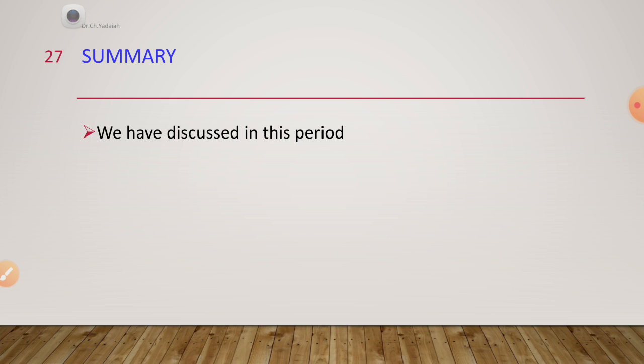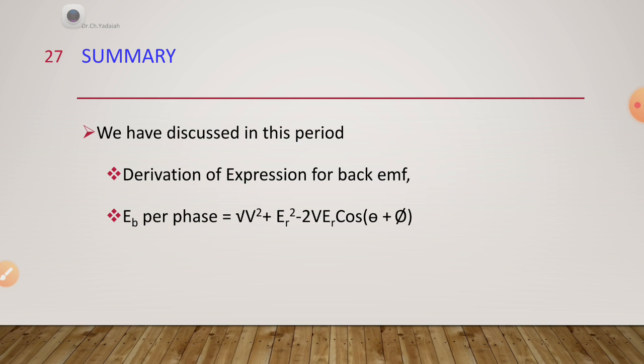From that, we subtract some friction and windage losses, some excitation losses, some iron losses. Then we get the net mechanical output developed in the rotor, which is for the load. So these are the things.